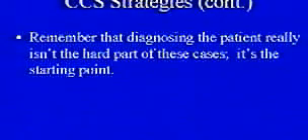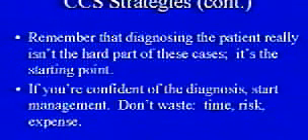Remember, again, most of what you'll be asked to do is not in terms of great diagnostic difficulty. It's just the starting point for how to narrow your differential diagnosis and then treat the patient appropriately. And if you're confident in the diagnosis, and very often you'll know the diagnosis for certain after the HPI, don't start doing a lot of confirmatory tests, even though it's something you've been trained to do in real life.